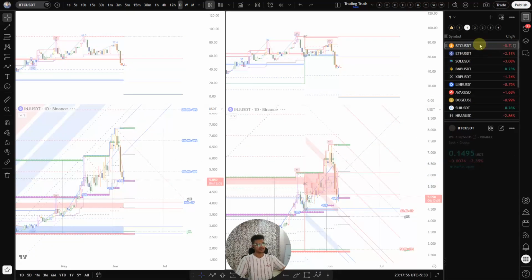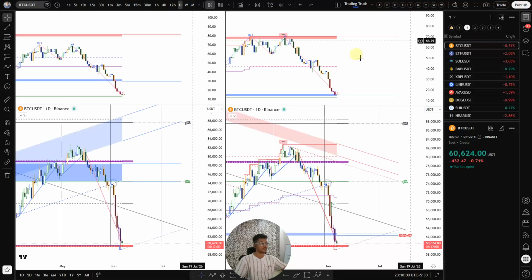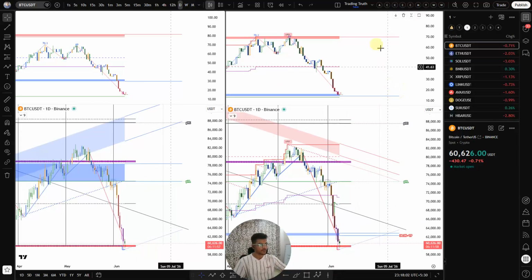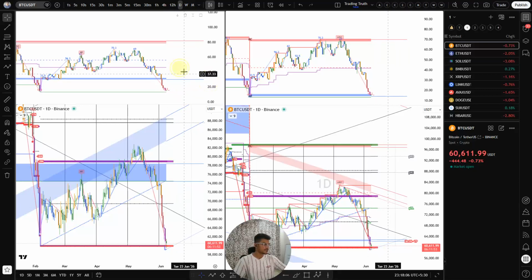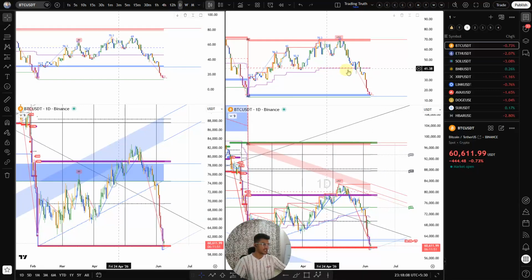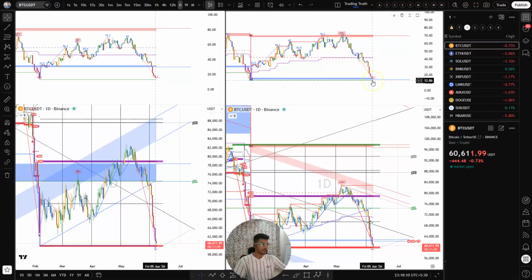So, looking at Bitcoin, I mean, if you figure out Bitcoin, you can actually figure out a lot of cryptocurrency. So what we see, it will actually make new low after this RSI low. So maybe RSI will reach to 10.